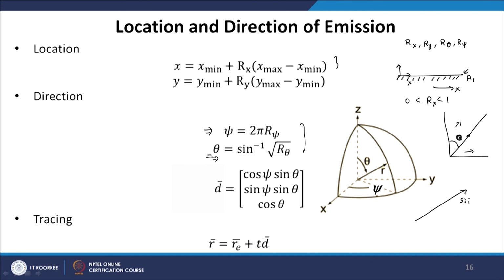And we can trace the photons using this vector addition, where Re is the emission location and this is basically the direction of motion. So, we can move the photons in this direction, and then we can see whether the photon is hitting surface 2 or not, and we can count how many photons are hitting the surface.